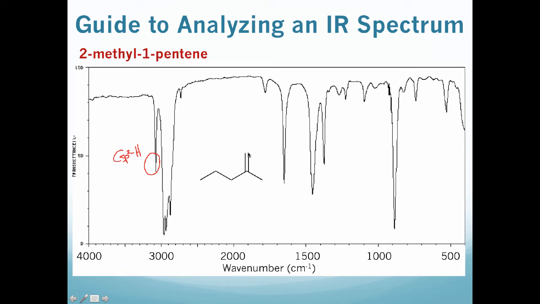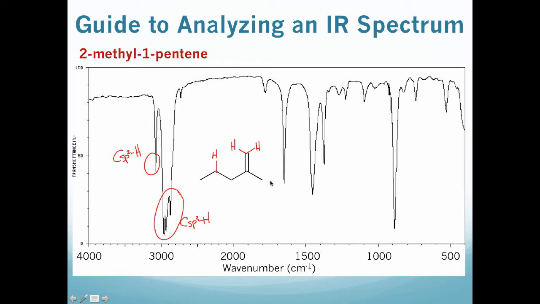So that's going to correspond to these CHs on the alkene. But then just below 3000, this is the C sp3 hydrogen stretches. So that's all of these C sp3 carbons with hydrogens on them. So that's where their stretches are showing up.